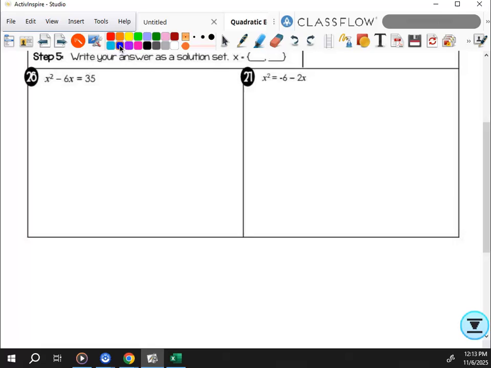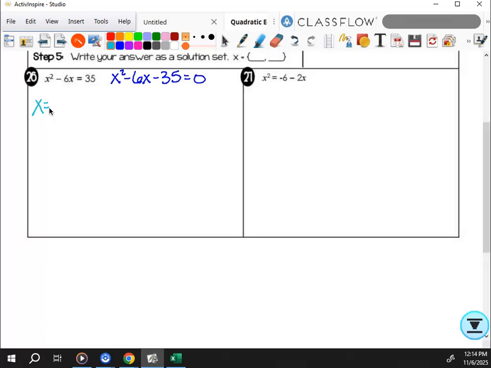So here, if I look at 26, I'm going to move the 35 over so I get x squared minus 6x minus 35 equals 0. I highly, highly encourage you that the first step is 0 work. You just substitute it in. So this is going to be x is equal to negative b.